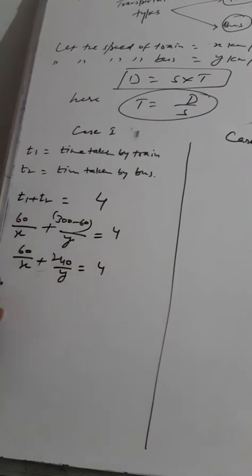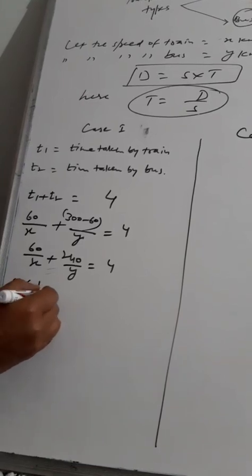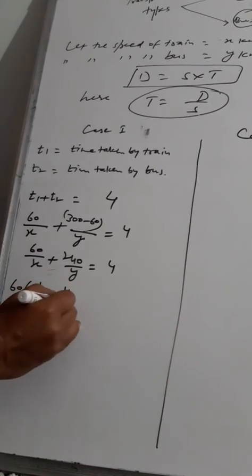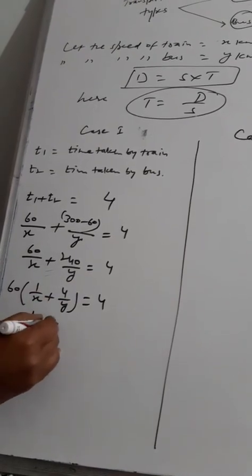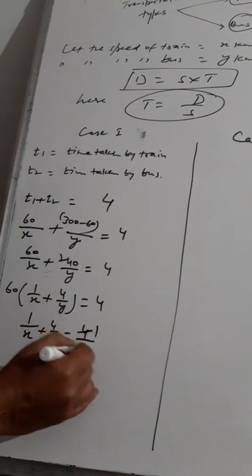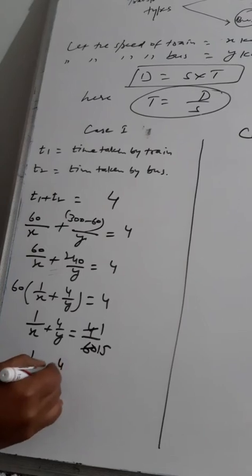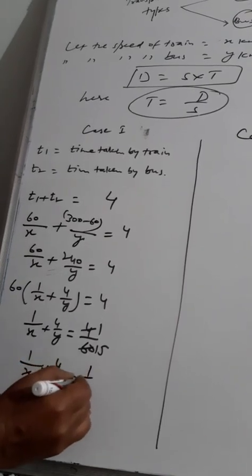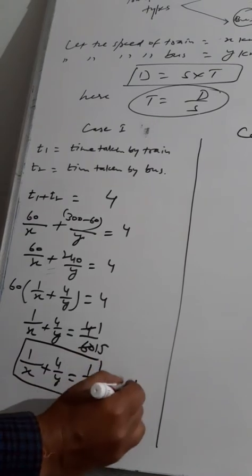You can take 60 common here, then this will be 1 upon x plus 4 upon y is equal to 4 upon 60, and that is equal to 1 upon 15. So 1 upon x plus 4 upon y is equal to 1 upon 15 will be your equation number 1.